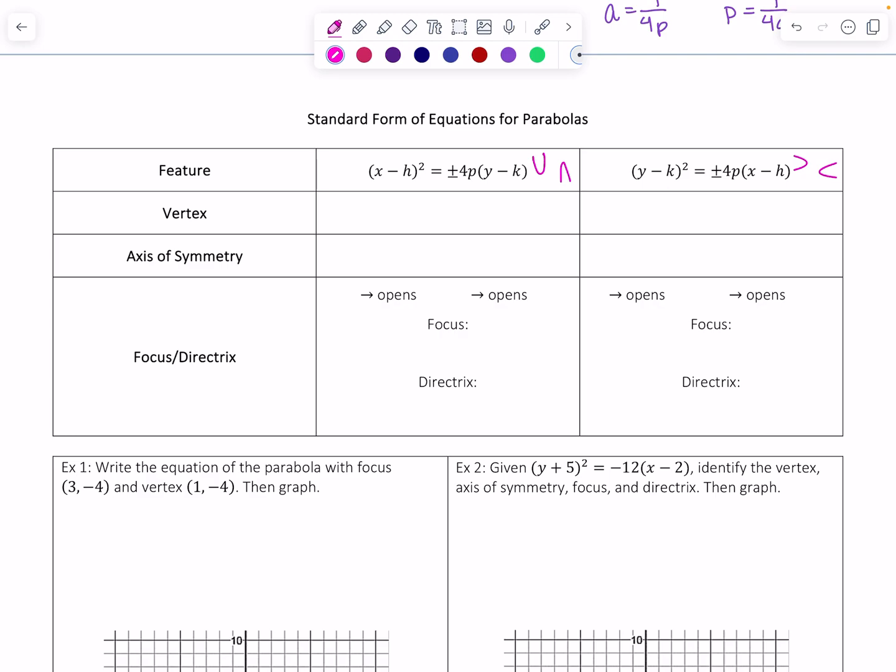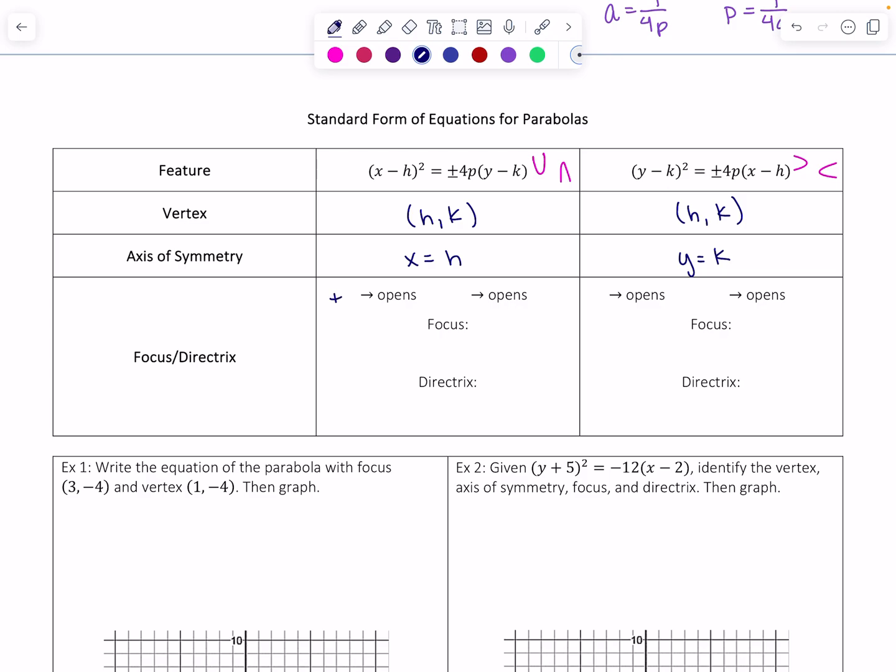All right, so our vertex, no matter what, is still going to be at the point (h, k). That's always going to be your value for your vertex, no matter if you're opening up, down, left, or right. However, your axis of symmetry, if you're squaring x, is x = h. But if you're going side to side, our axis of symmetry is y = k.